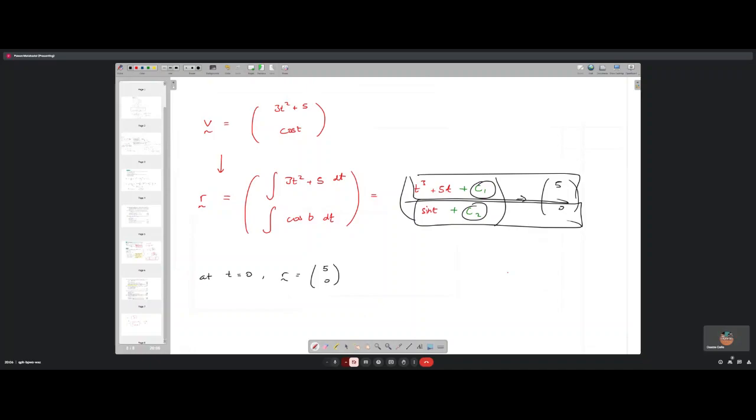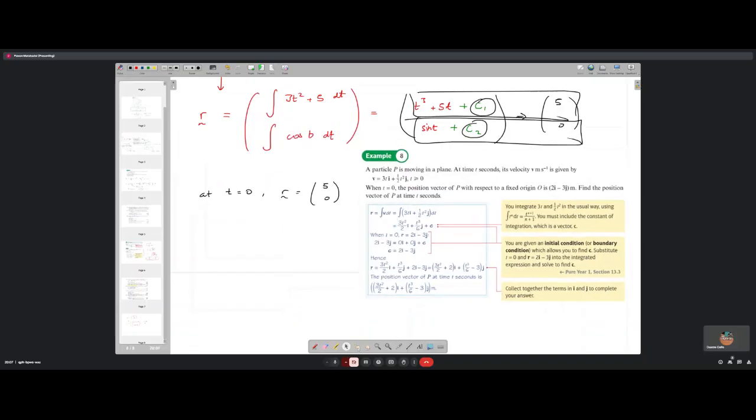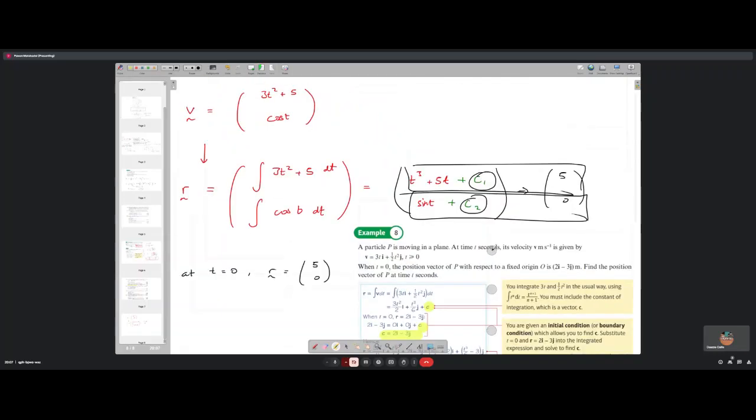Really important. If you look at the examples, they do something quite interesting, which is they represent the constant of integration as a vector, which I don't see a problem with. This is actually a smart thing to do.